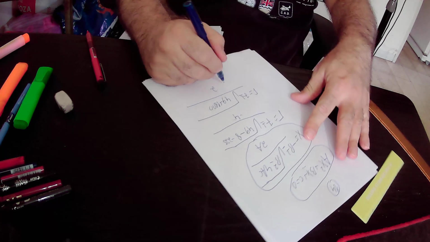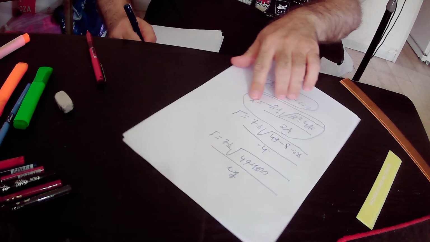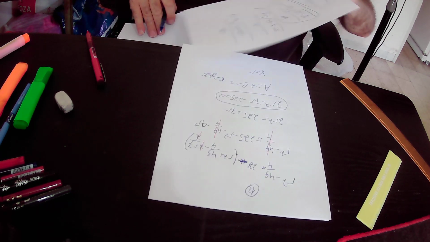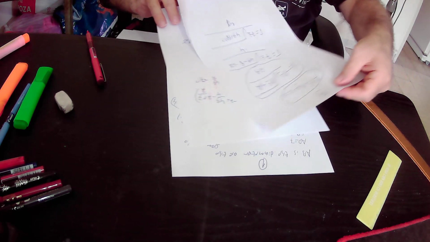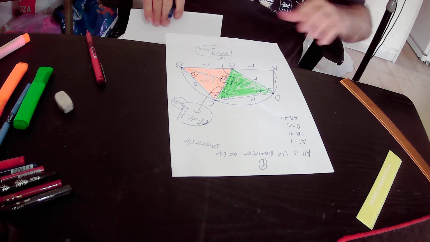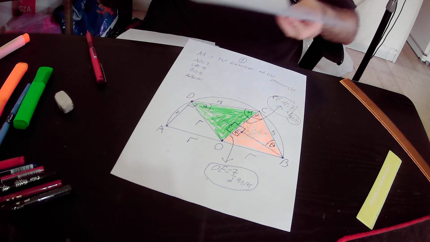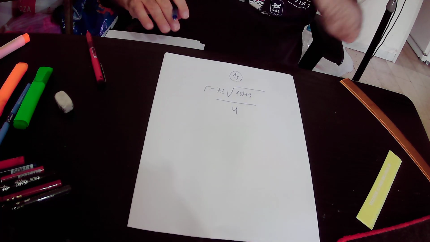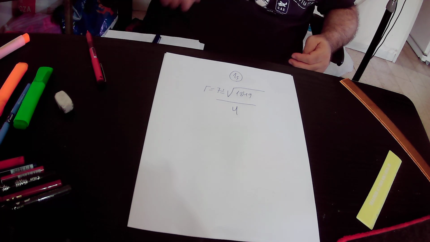Okay, it is over 4. So here we found out that r equals 7 plus minus root of 1849 over 4.